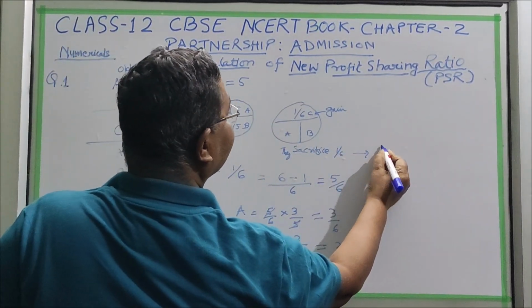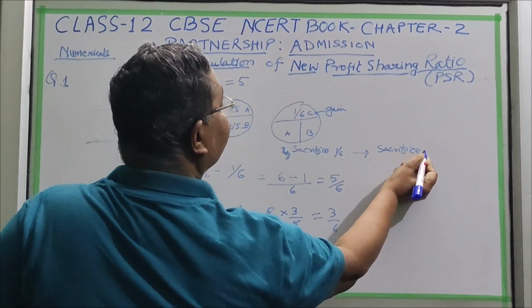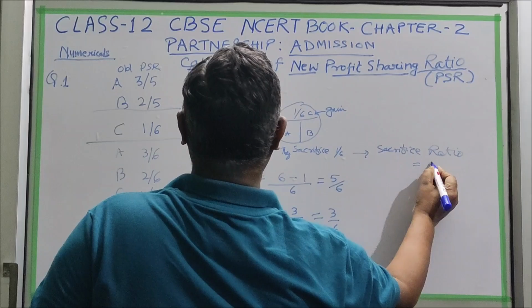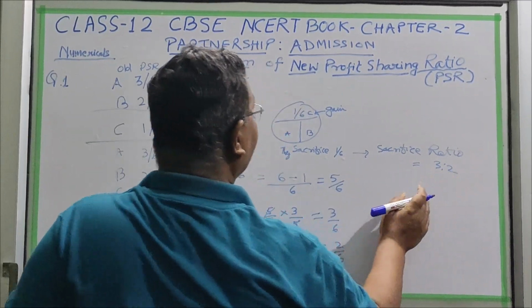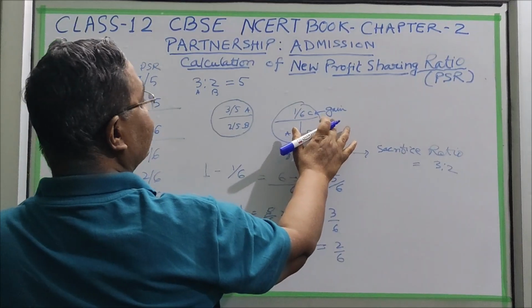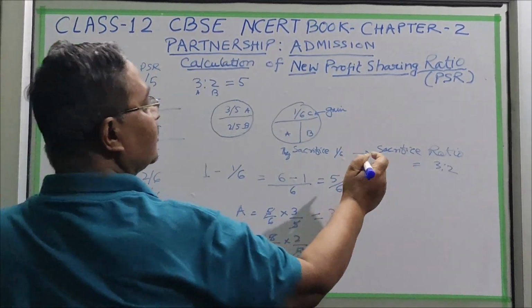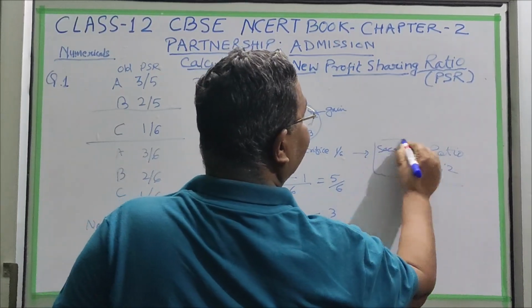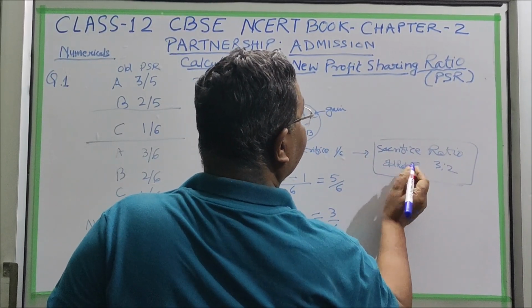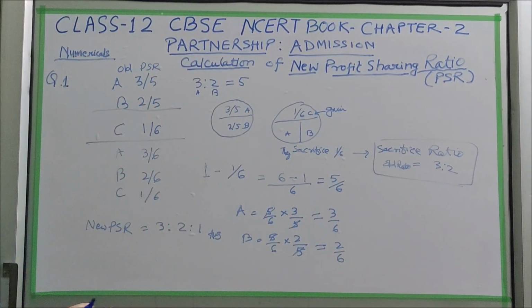So here the sacrifice ratio will be equal to 3:2 because it is not mentioned in the question.